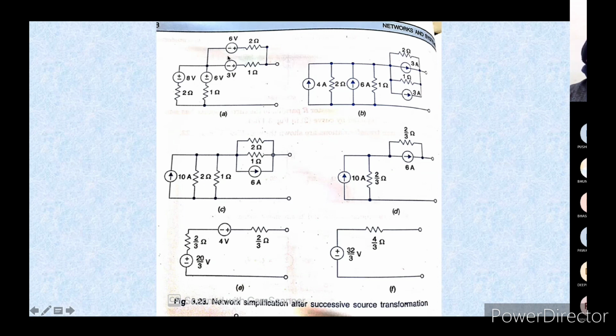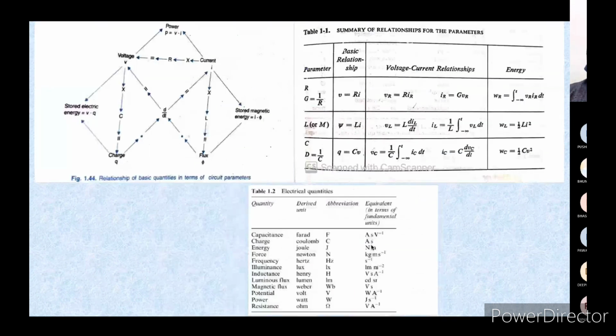So this was a very complicated circuit, and you see that at the end it becomes a very simple circuit by using all your earlier knowledge of how to convert these sources into voltage sources, and the reverse is also true. Many times we will be converting the voltage source into a current source for analysis, to make the analysis simple.